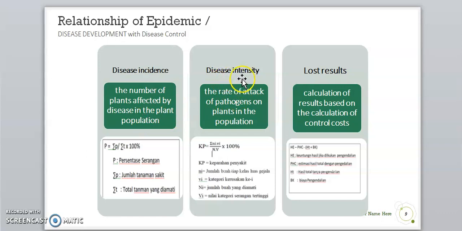This is the disease intensity, the rate of attack of the pathogen on plants in the population. You can count by this. Okay. And this is the calculation of result based on the calculation of control cost. So this depends on the control cost.